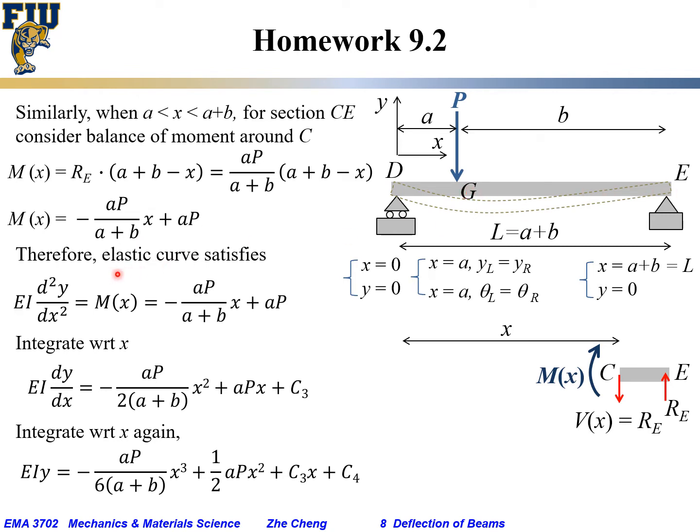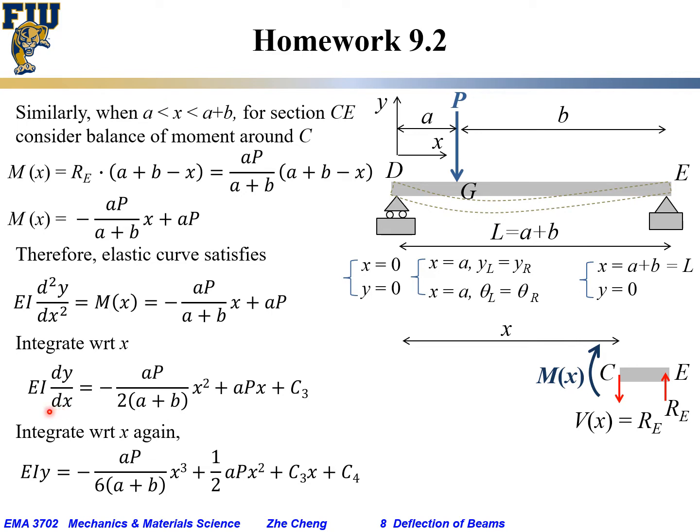Therefore, the elastic curve for when we consider the right side would satisfy EI times the second derivative of deflection equals mx. And what is mx from here would be minus AP over A plus B times x plus AP. Okay, and again, similar as before, we can integrate with x.